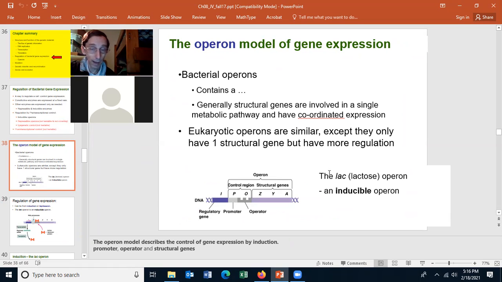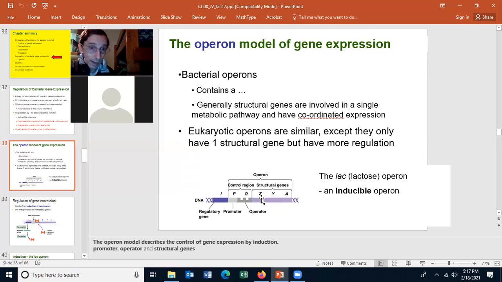What a bacterial operon is, is a model for control of gene expression, and what an operon is: the gene of interest, which is given the name a structural gene. And usually when we talk about a gene of interest, we are talking about a structural gene. For example, the enzyme lactase is a structural gene, meaning there's a gene that codes for the enzyme lactase.